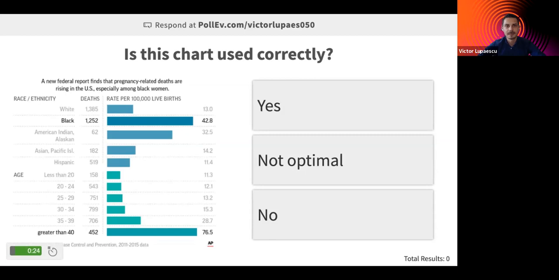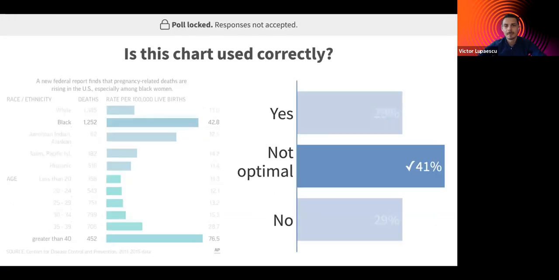Is this chart used correctly? Okay, let's see.